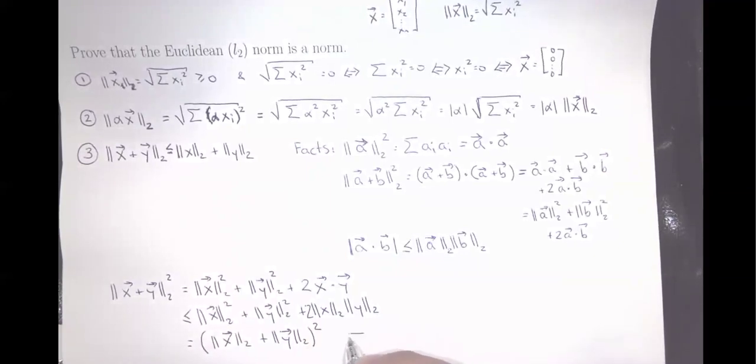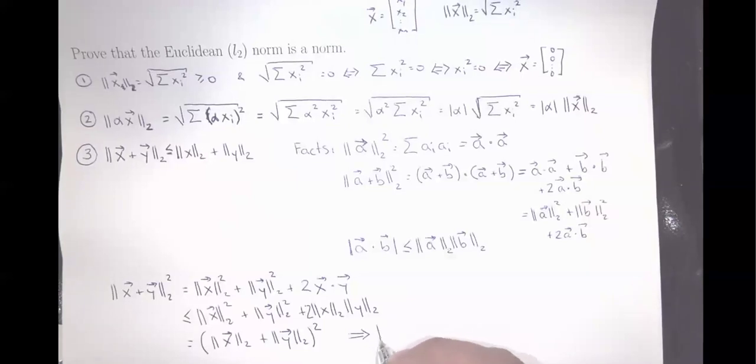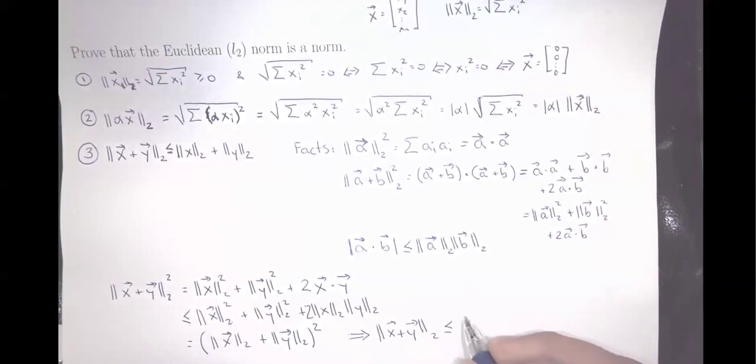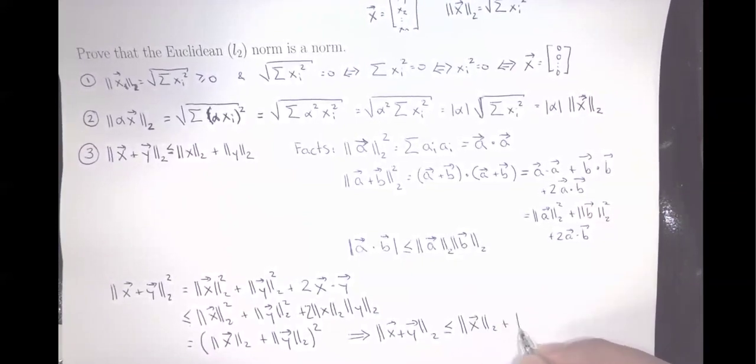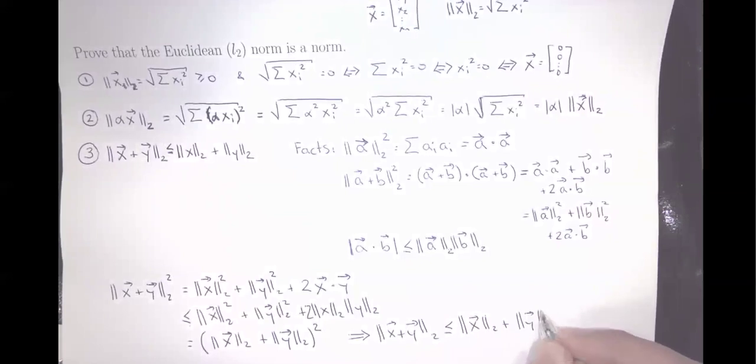And because norms are greater than or equal to 0, this is the same as saying that the norm of x plus y is less than or equal, using this weakest inequality piece, to the norm of x plus the norm of y. So in fact, the triangle inequality does hold in this case.